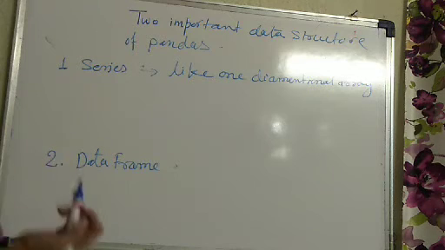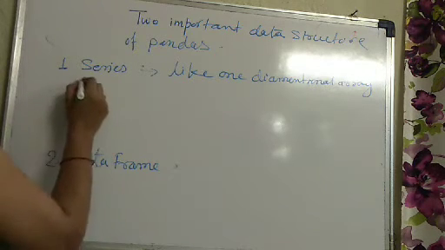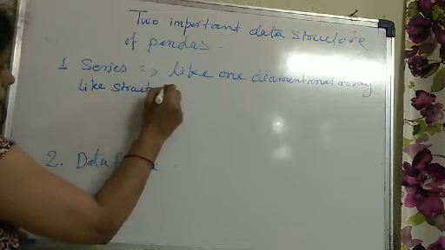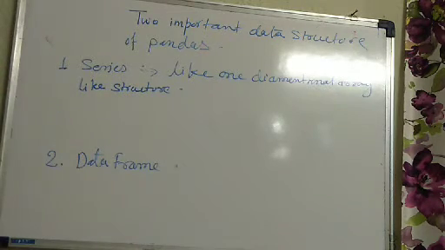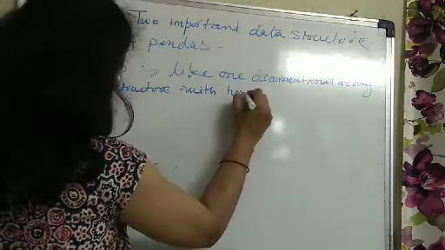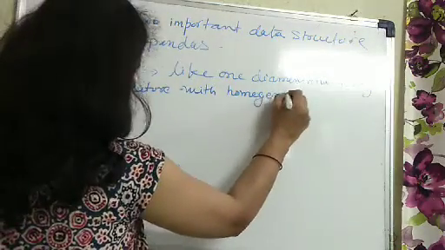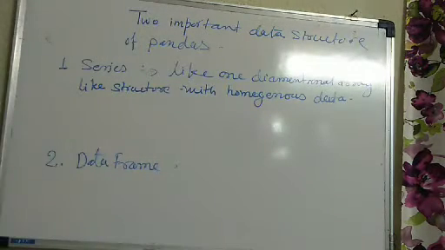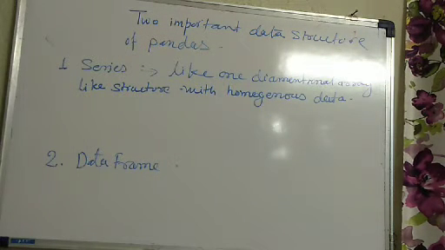This is the one-dimensional array-like structure with homogeneous data. And how will you define the data frame?